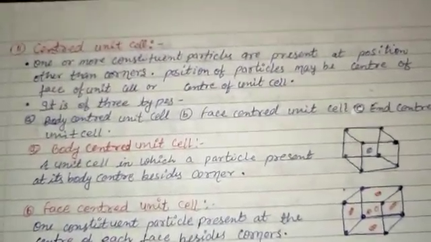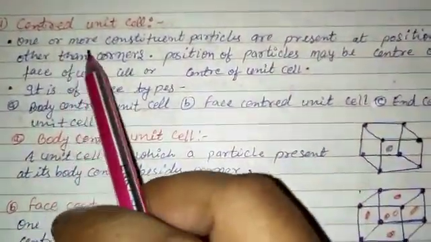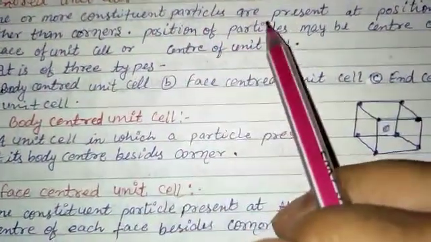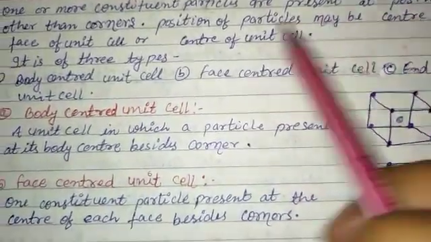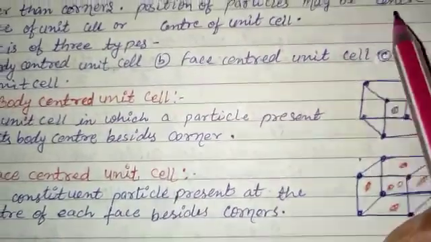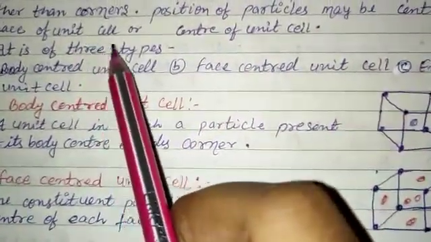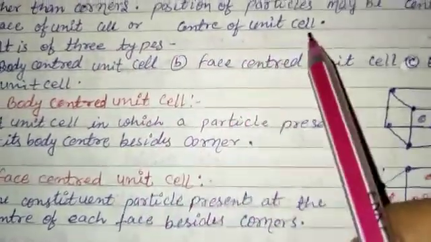In the case of the centered unit cell, one or more constituent particles are present at positions other than corners. The position of particles may be the center of a face of the unit cell or the center of the unit cell.